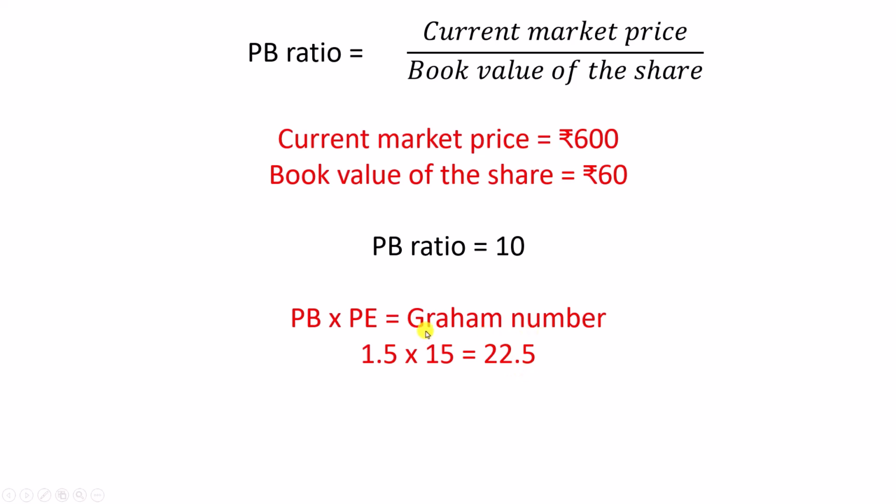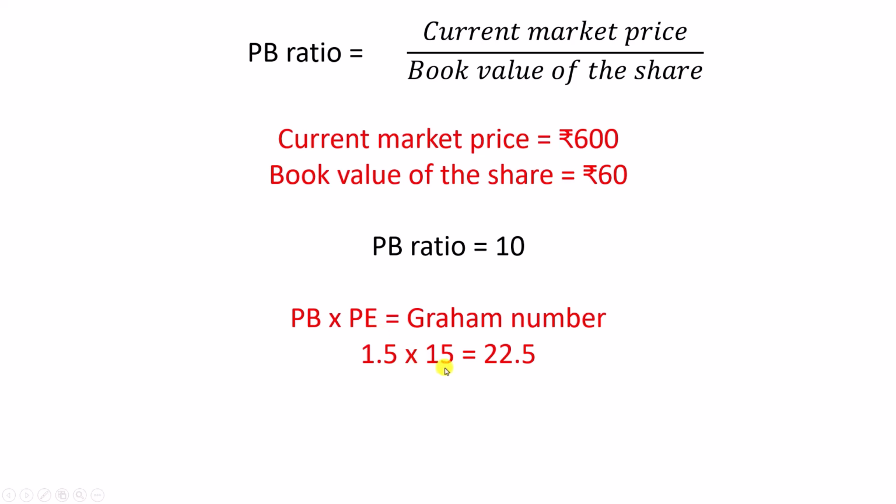We get this number when we multiply PB with PE. PE we have learnt in the previous video. PB is this. So according to Graham, if the company has a PB of 1.5 and a PE of 15 or less, then it is a good company.